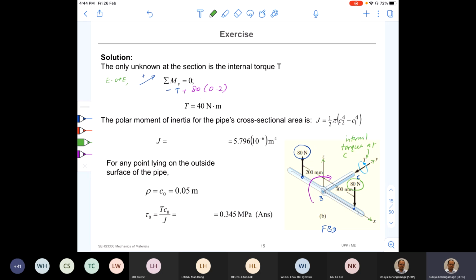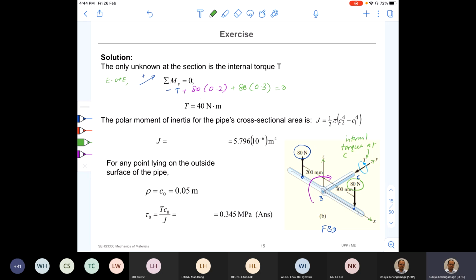It creates a moment around y again, right? So it's negative or positive? Now it is easy, right? So it is positive. So positive 80. Now the distance is 300 millimeters, 0.3. Any other forces or any other moments? None, right? Therefore, this is equal to 0.